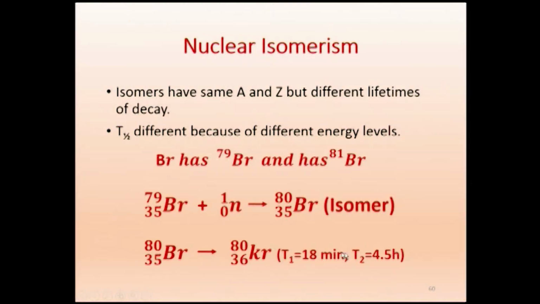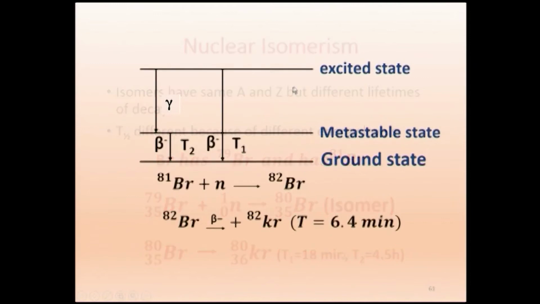Therefore, before we go to the next point, we can say that if natural bromine is bombarded with neutrons, the 80 gives two isomers with two half lives, and the 82 has one half life. As a result, natural bromine will give out beta particles with three half lives.